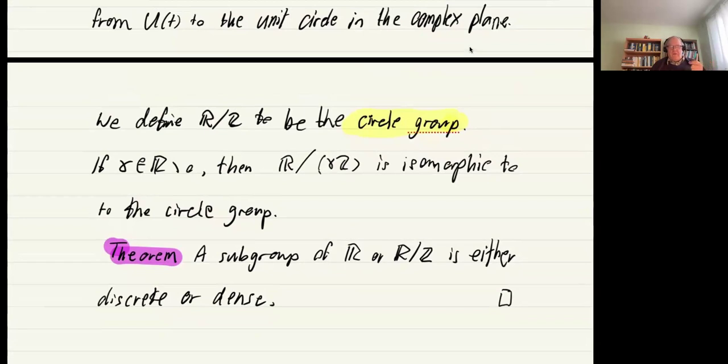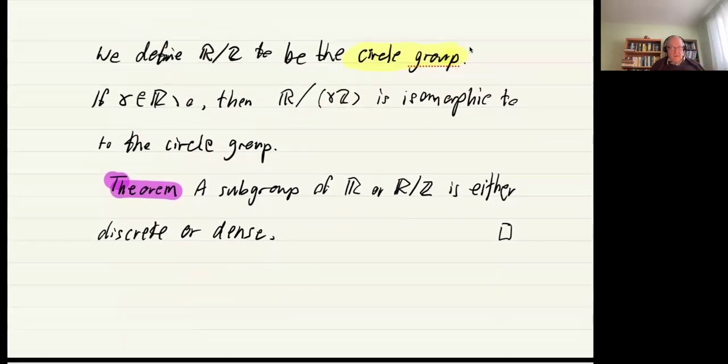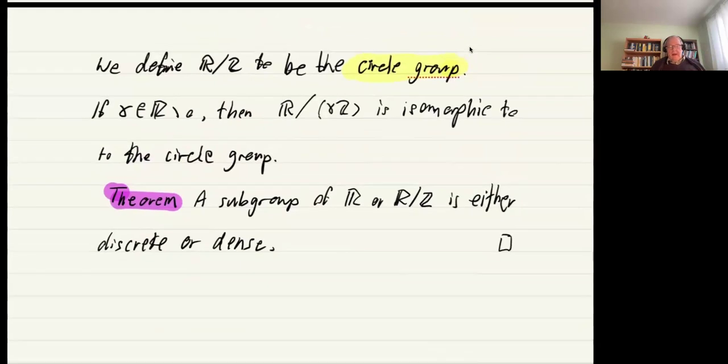So what I've told you is that I've constructed, or shown you where there are, some homomorphisms hiding. One result which I need, which I'll be using, is that any subgroup of the reals or of the circle group is either discrete or dense.